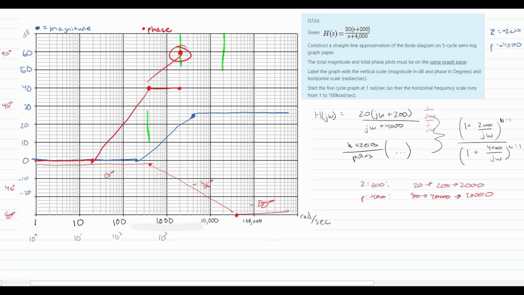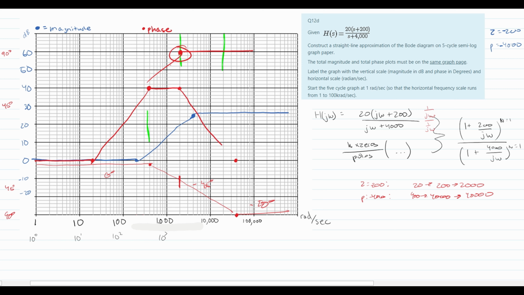And now after this, we're going to start going down because this flattens out, right? But after here, still through here, it's going to be going at a negative 45. So we have to have a negative 45 degree angle. And so until it reaches right here on our graph, we're going to go down to it.